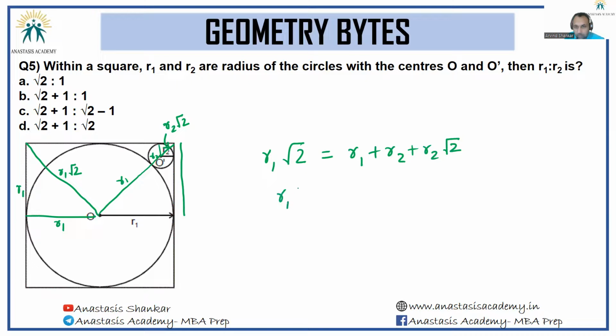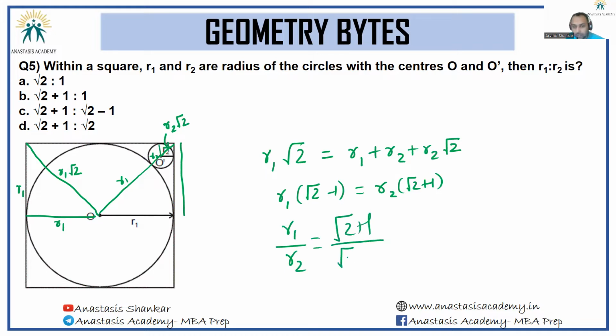So R1 times (root 2 minus 1) is equal to R2 times (root 2 plus 1). Finally, they've asked me ratio of R1 to R2. Okay, R1 by R2 is equal to (root 2 plus 1) by (root 2 minus 1), which is present in option C. So that should be the answer.